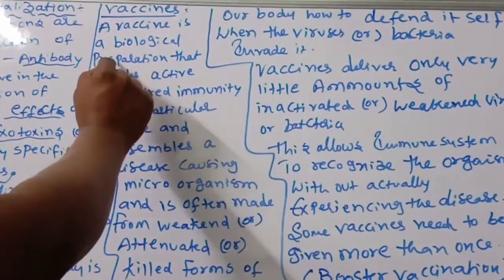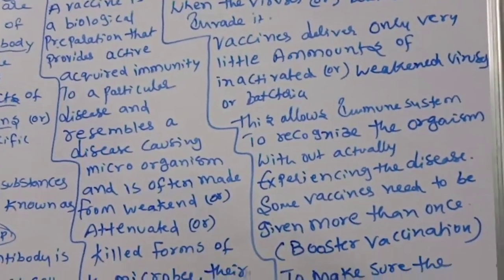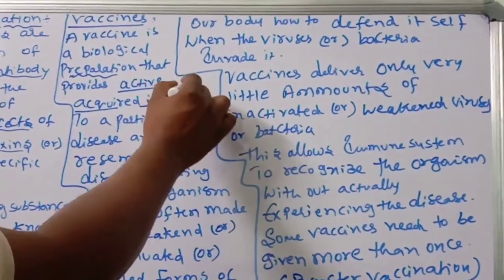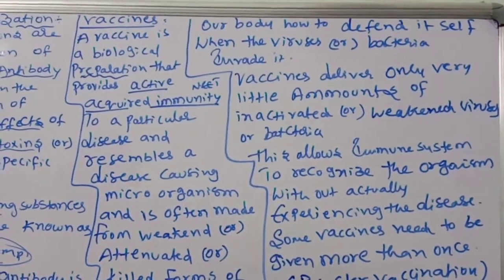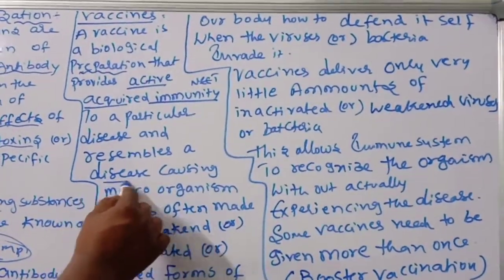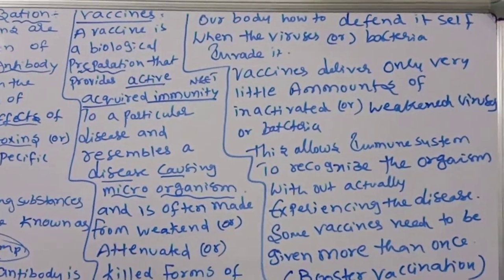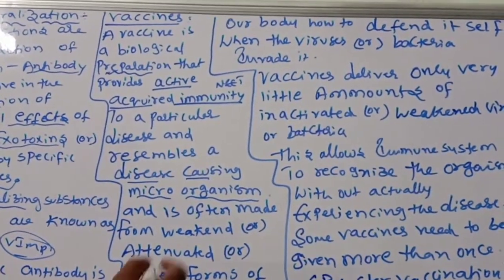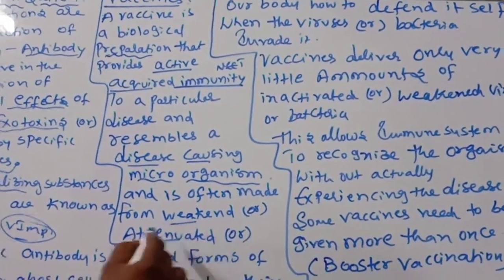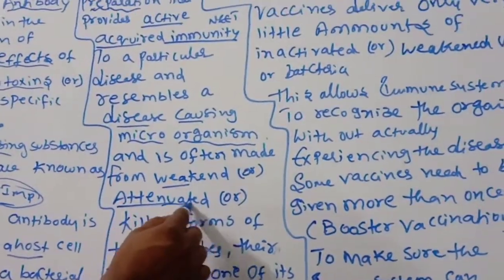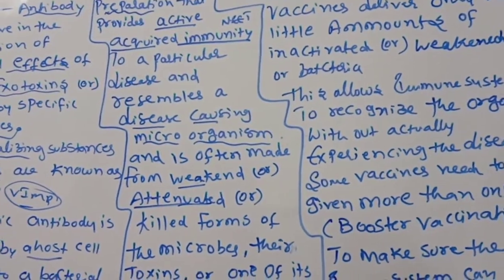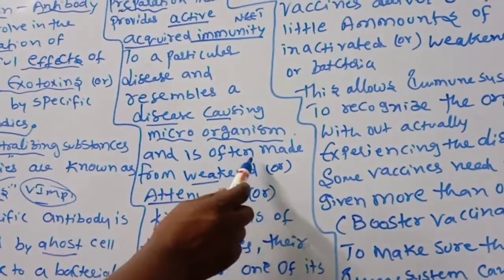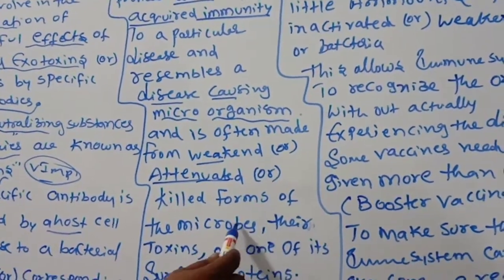A vaccine is a biological preparation, not precipitation, that provides active, very important, acquired immunity to a particular disease and resembles a disease causing microorganism. It is often made from weakened, meaning it has no disease causing nature, or attenuated, where we use chemicals to control the disease causing nature of the microorganism, or killed forms of the microbes.